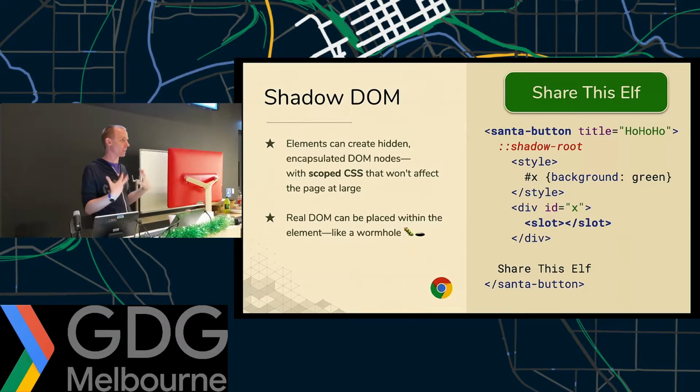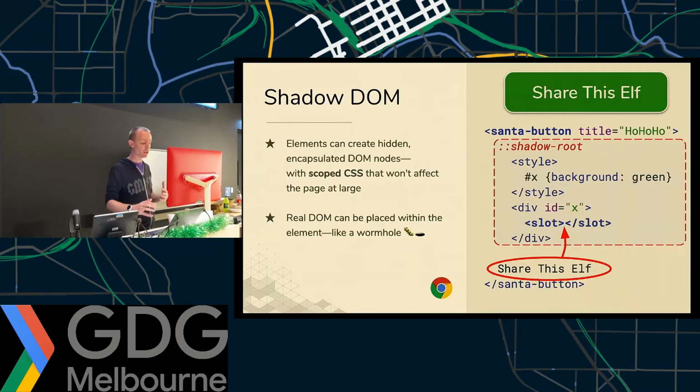I've got to define what the element looks like and the structure it has. But I can create an element that's basically just a glorified button, but it has its own style. It's encapsulated. That element that describes my button doesn't break out of the scope. It's just going to show this button here, and we have a special element called slot, where this text will actually end up going.